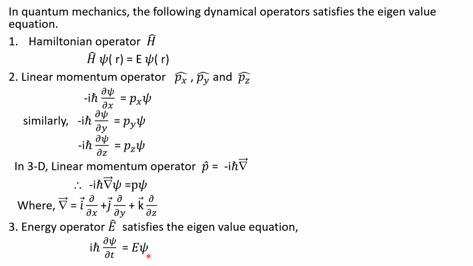The function is the same, multiplied by a constant value. That constant value is nothing but the eigenvalue of the operator i h cross del by del t, and psi is the eigenfunction of the operator, with that eigenvalue.